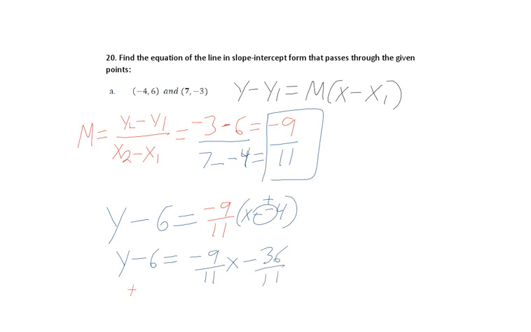Then I like to add 6, but when I add 6, I'm really going to add 66 over 11, so they have a common denominator. And your answer becomes y equals negative 9 over 11x plus 60 over 11.